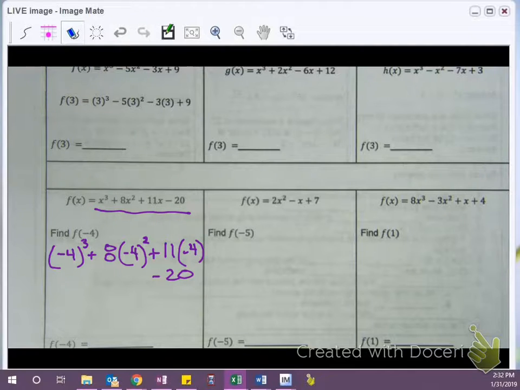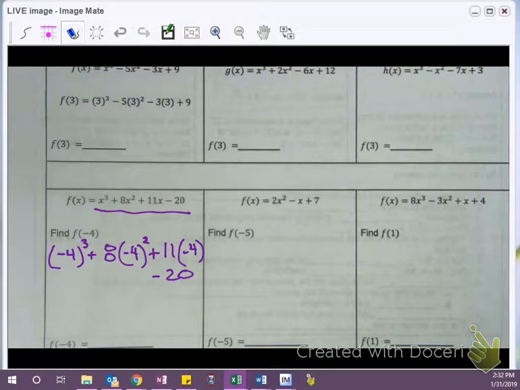Plugging in the -4 to that function. I'd rather you didn't use a calculator, because we have to get you ready for SAT, and SAT does not let you use a calculator on simple math like this. I know. So that's why we practice.